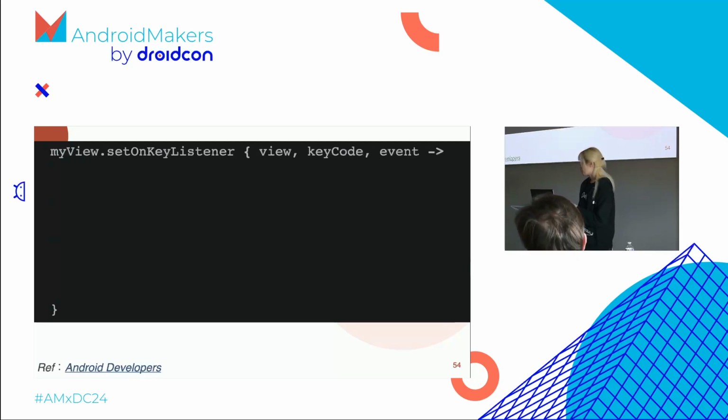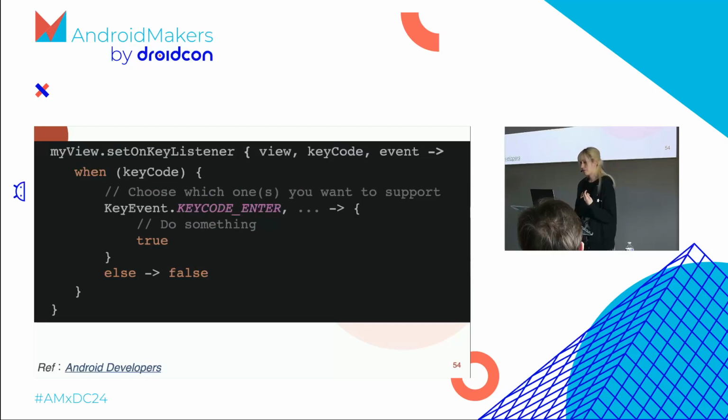So this listener will return the keyboard key events, so that anytime the user presses a key, it fires the associated key code. And from there, you can just choose which one you're interested in. And the list is pretty long, so I'm not putting everything here. But feel free to have a look at the documentation to know which one you want to cover. And don't forget to return true once you're done managing whatever you wanted to do.